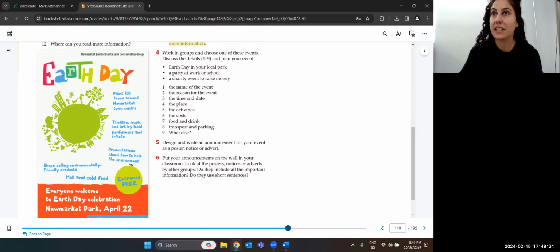Shops are going to be selling environmentally friendly products. I could just say buy environmentally friendly products or purchase environmentally friendly products. You can also buy hot and cold food. Again, I could just say food available, hot and cold food available, drinks.